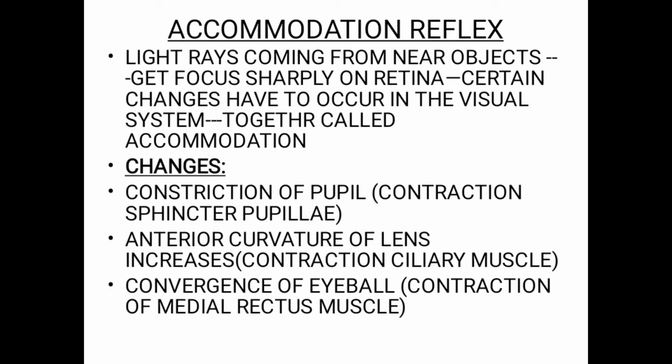when the light rays are coming from near objects, that means when you are reading the book, you will hold your book near to your eye, right? Otherwise you can't read the words. So the light rays coming from the near objects need to get focus sharply on the retina.